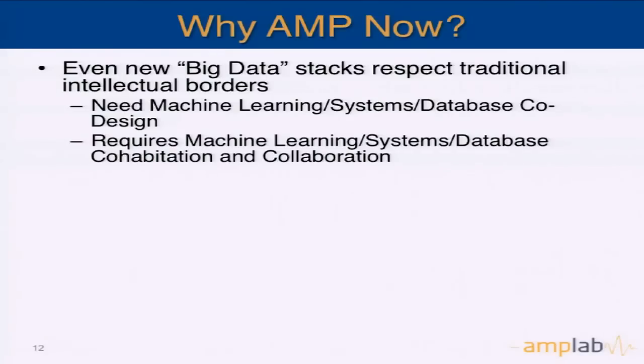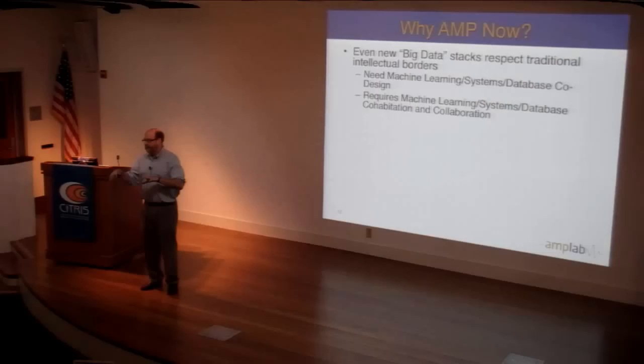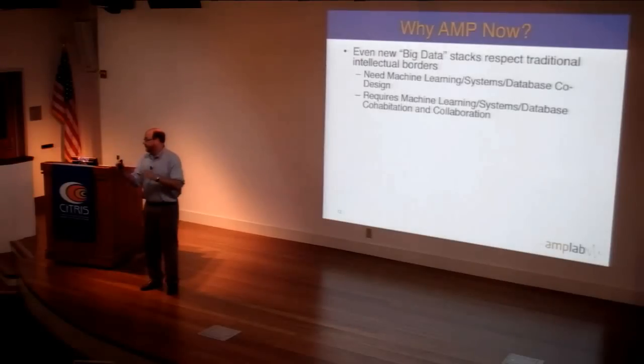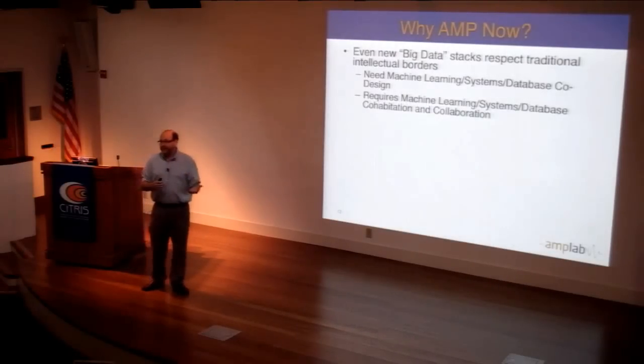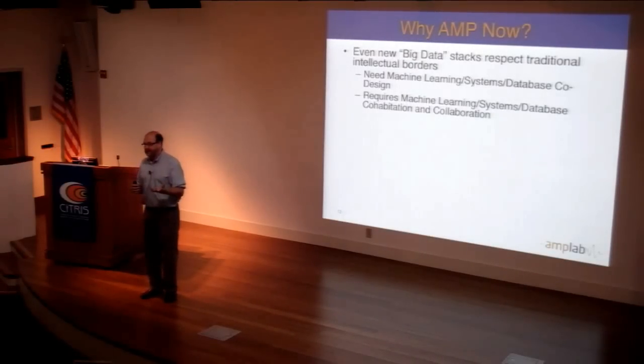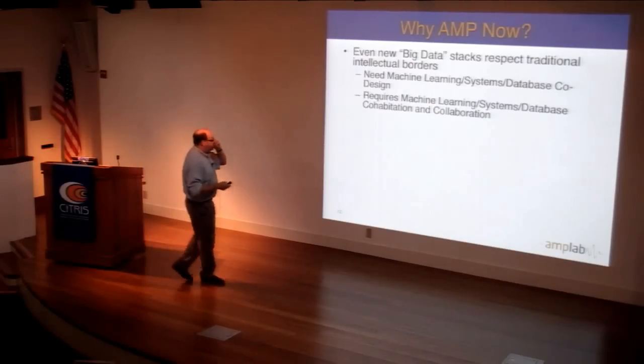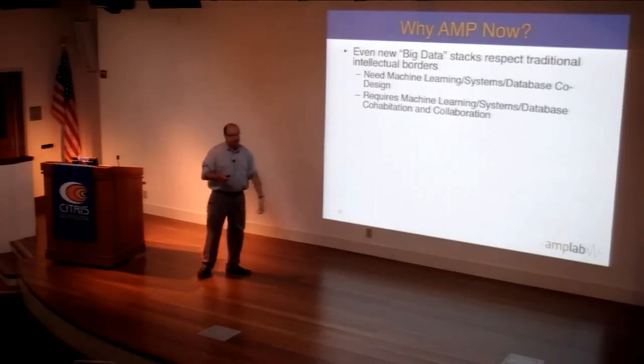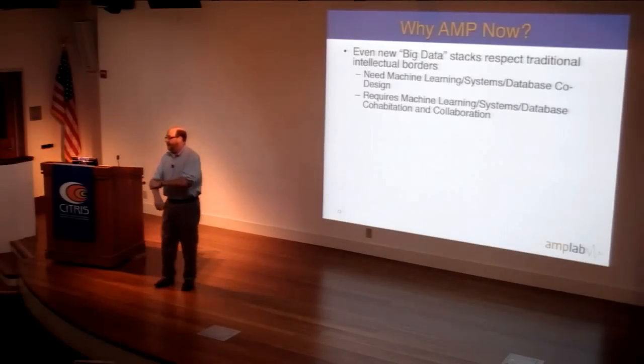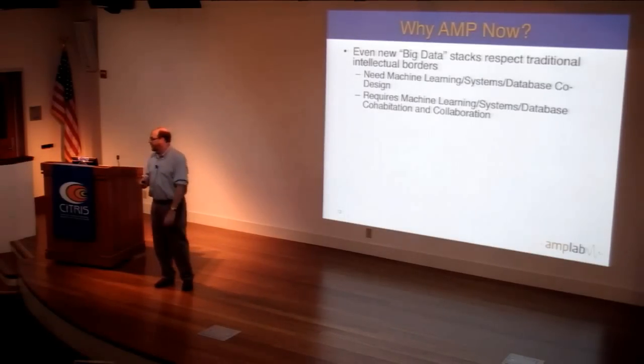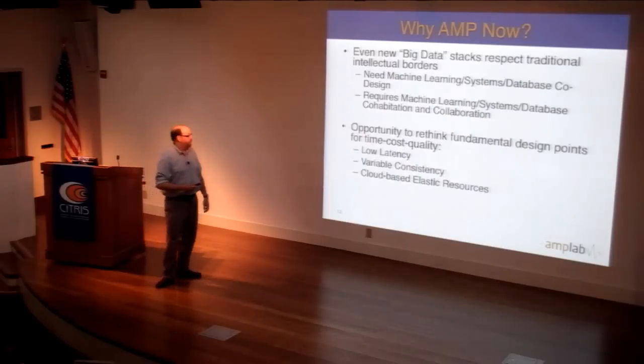Now, that might not sound so radical, or maybe it does, but in a university environment like where we are, these groups tend to be very siloed, and there's not a lot of collaboration in most places. So we set out to build a project with deep collaboration across these three areas. As I'll tell you in a bit, we've gone so far as to put everybody from these different groups into a common lab space so we can all work together.